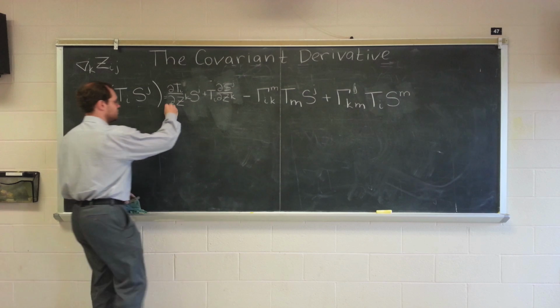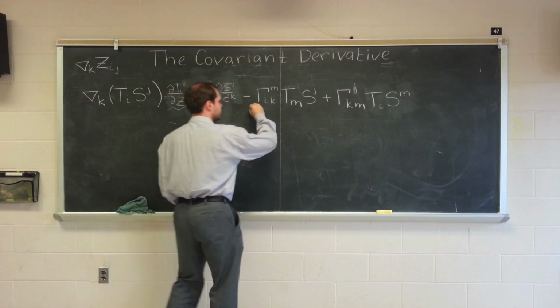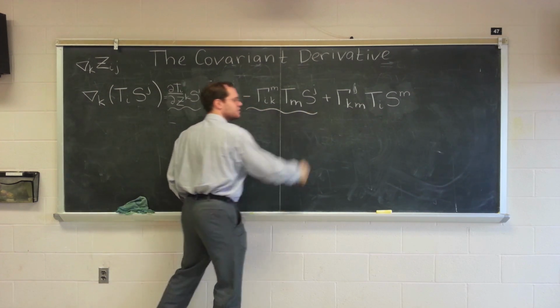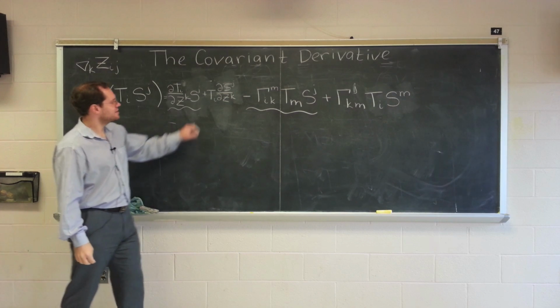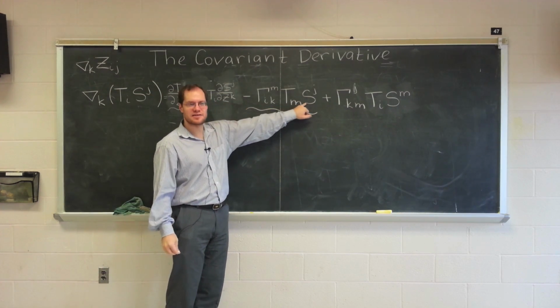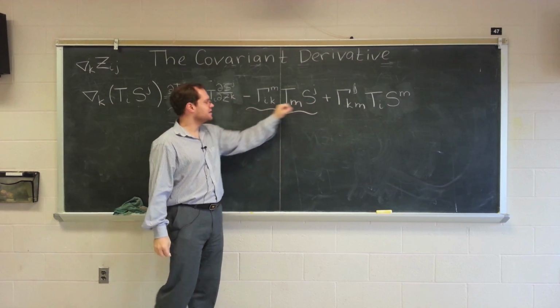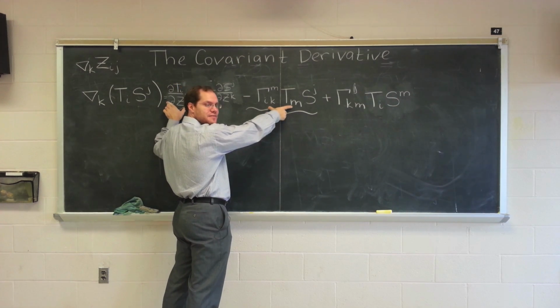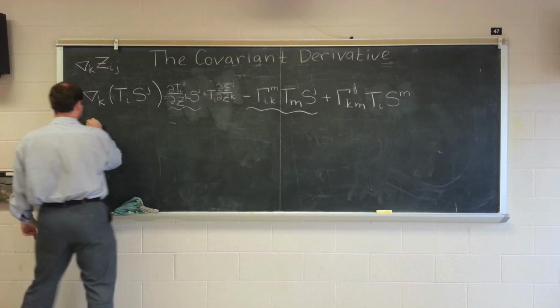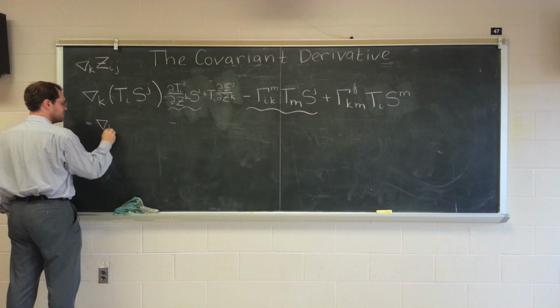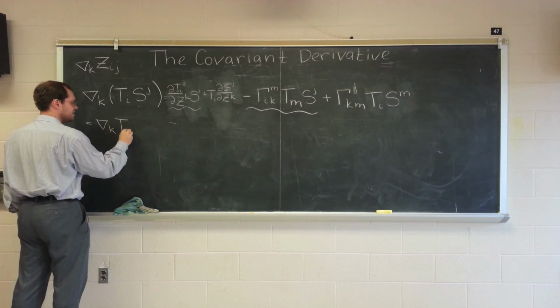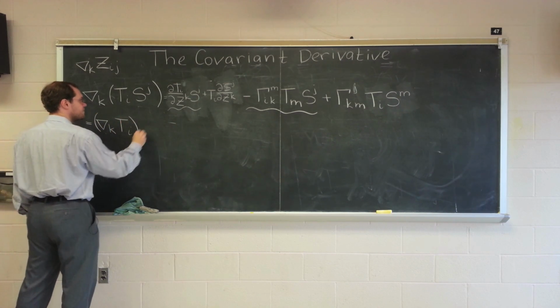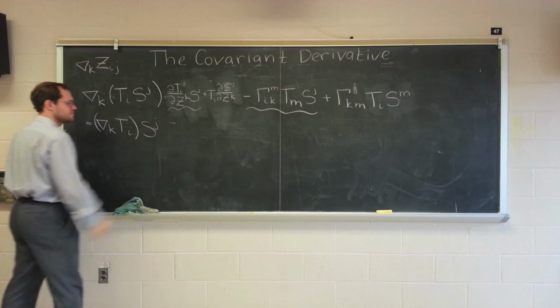Okay, now of course you will group this term with this term. Do you see that Sj will factor out? And in parentheses we have exactly the covariant derivative of Ti. So this equals the covariant derivative of Ti times Sj.